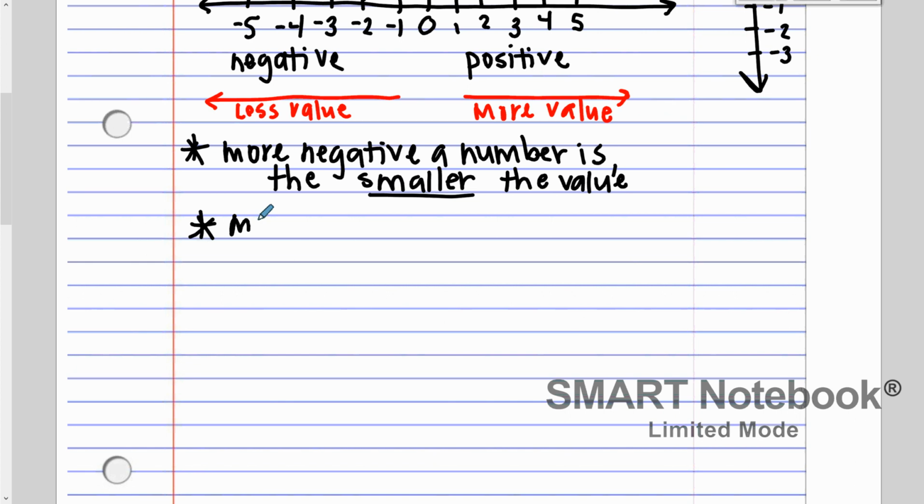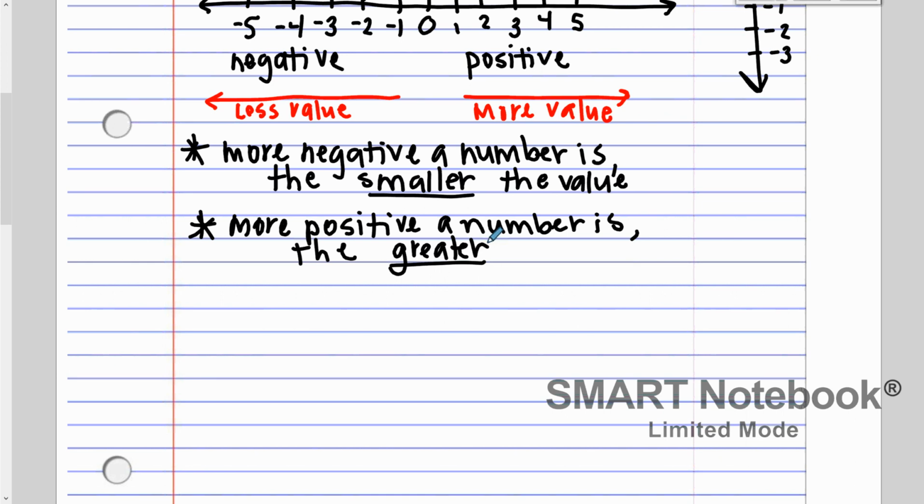So opposite of that, the more positive a number is, the greater the value. And we're used to that, like 20 is a greater value than 5, right? We've been using positives ever since we started school, right?